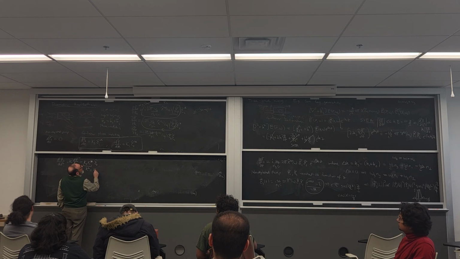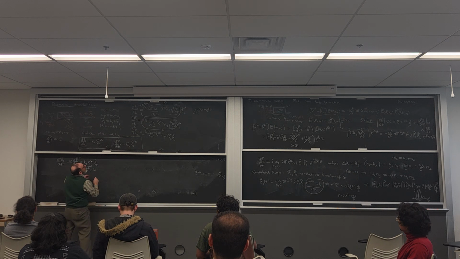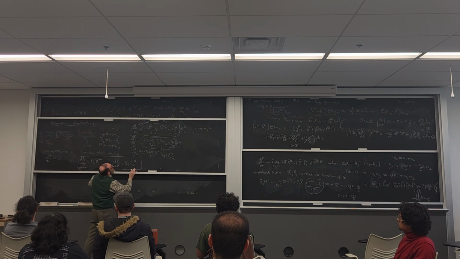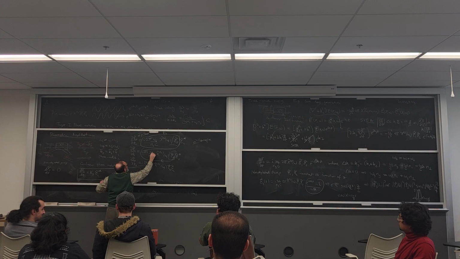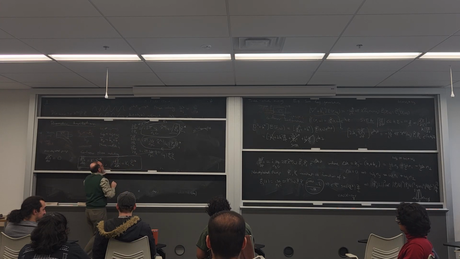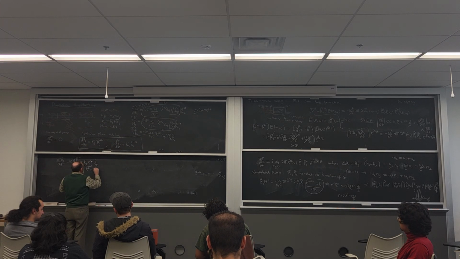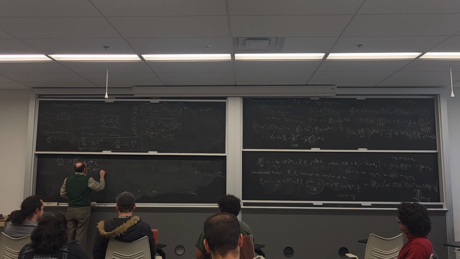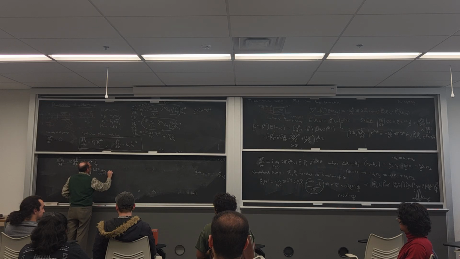Kappa squared here is 2 pi squared, omega signal, omega idler over n signal, n idler c squared, chi 2 squared times the intensity of the pump.